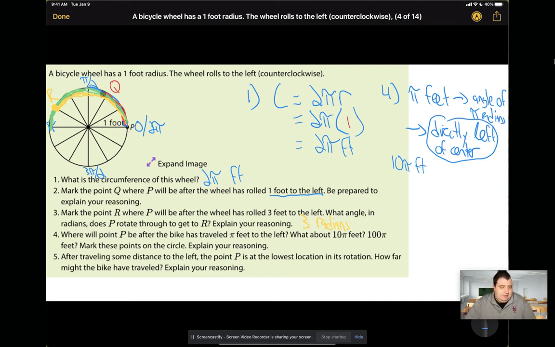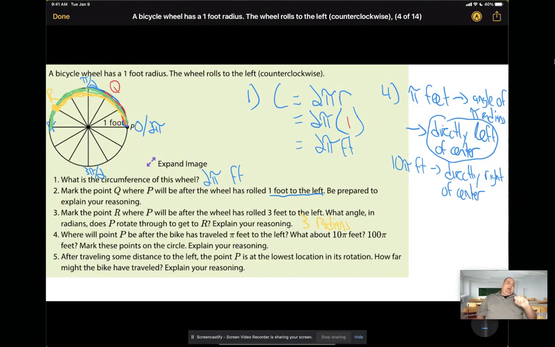Every time the wheel does a complete revolution, that's 2 pi feet. So 4 pi would be 2 revolutions, 6 pi would be 3 revolutions, 8 pi would be 4 revolutions, and 10 pi would be 5 revolutions. So at 10 pi feet, that point would be directly to the right of center, right where we started.